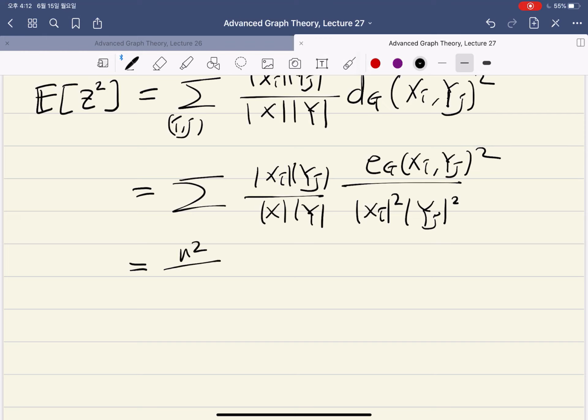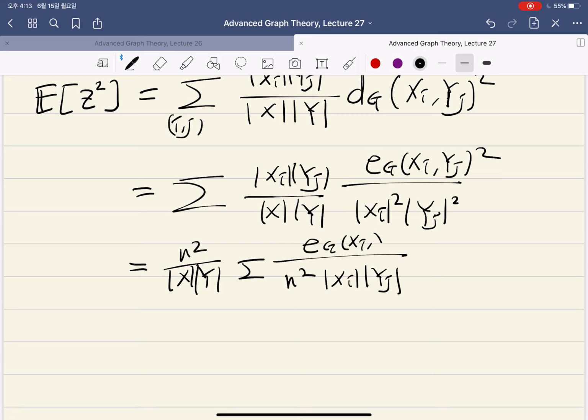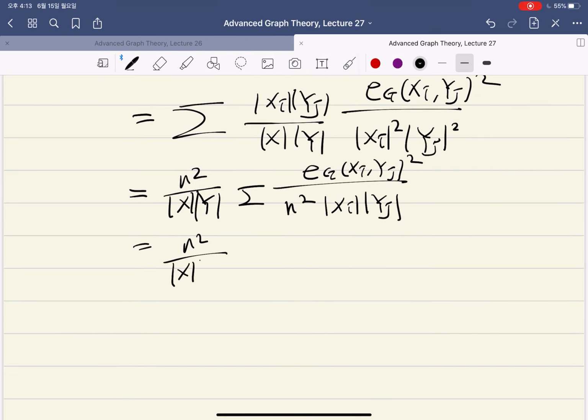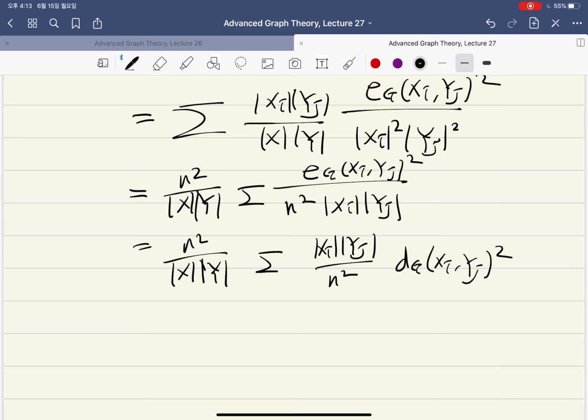You take this out, and you get n squared times |Xi||Yj| times the density of Xi, Yj squared.